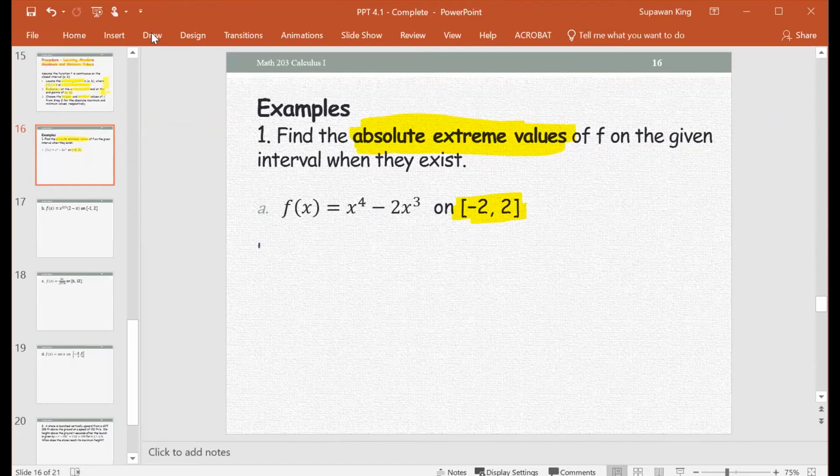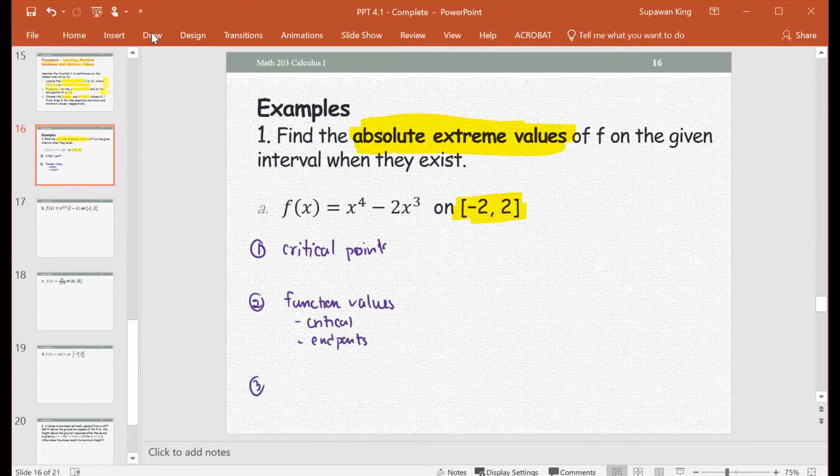So step number one, we find the critical points, maybe more than one. Step 2, we find the function values at the critical points and the endpoints.